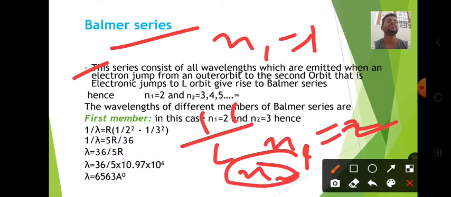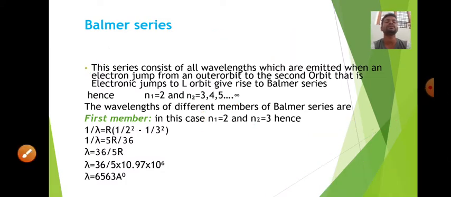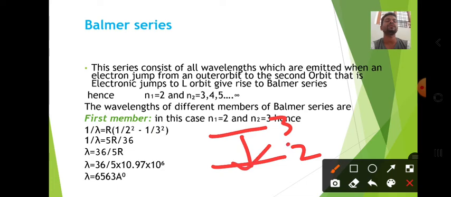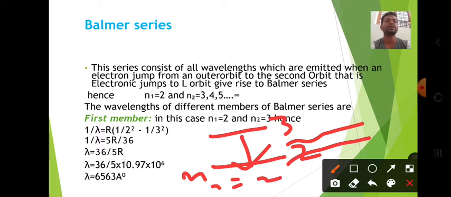So we have to calculate. Suppose the electron jump is taking place from the third shell to the second shell. Then what is the wavelength of the emitted radiation? For this, we substitute n1 as 2, and in the place of n2 it is 3.